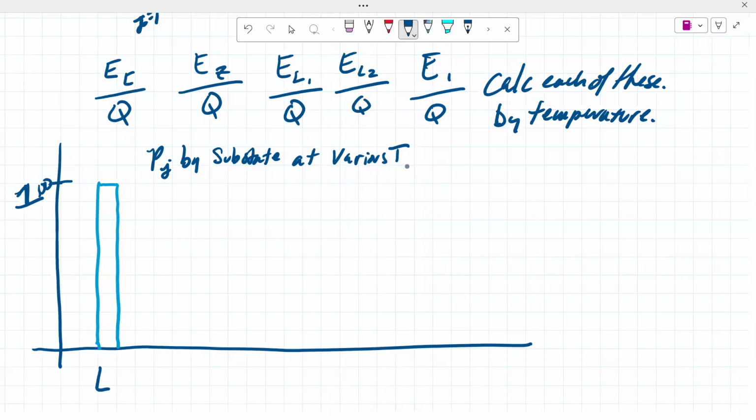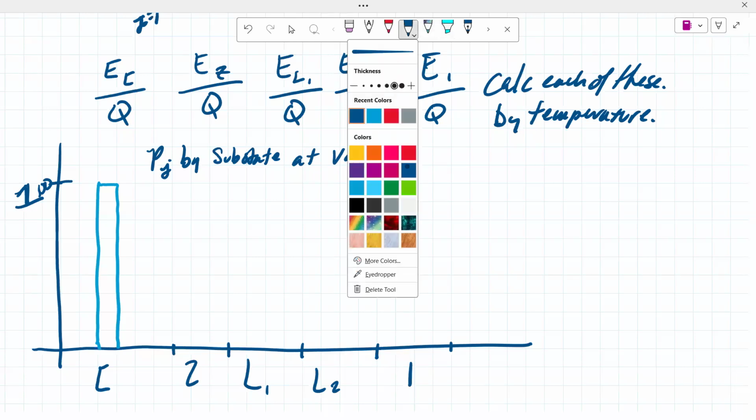This is the dominant peptide. 1, 2, 3, 4. All right, and then we're gonna have the Z peptide. 1, 2, 3, 4. We're gonna have the L. We're gonna have another L. And then we're gonna have the linear peptide. Okay, so in the cold temps, it looks like this.